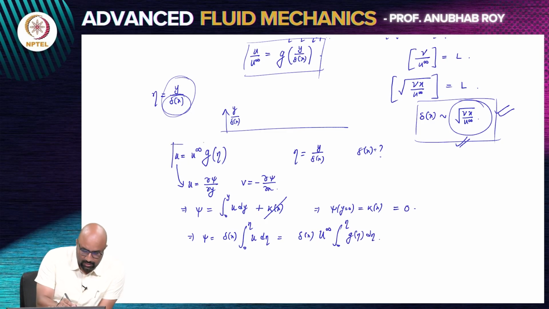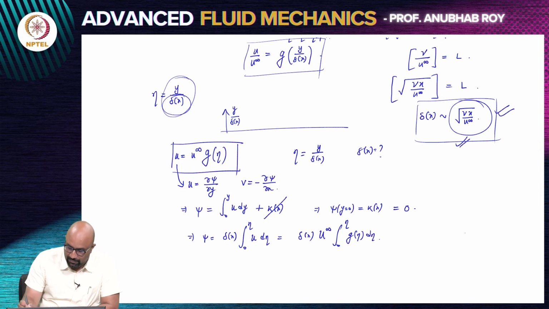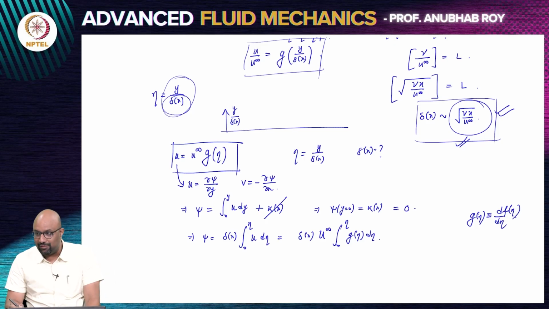So, this is what I am assuming regarding the form of the streamwise velocity u, and so this is what I will have for the stream function. So, now I am going to define a variable f of eta such that g of eta is d by d eta of f of eta.